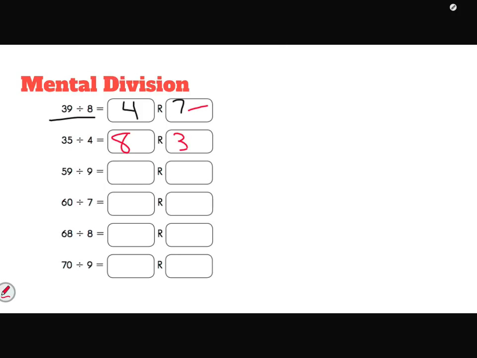Again, I'm not going to just round this to 60 divided by 9 because 9 can't go into 60, so that's not helpful at all. I need to think of two facts that will help me solve this problem. So I know if I don't know my facts, I can list them out. 9, 18, 27, 36, 45, 54, 63.